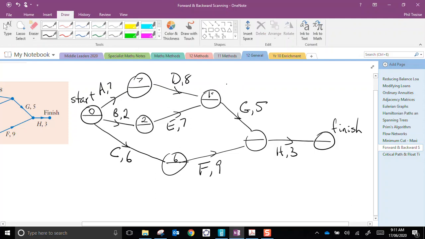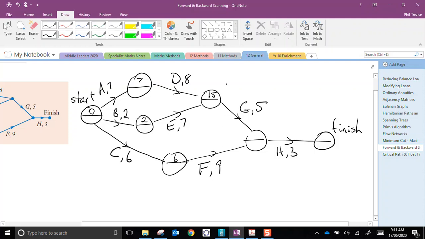Minimum. That's the earliest I could start. Now I know that B and E would have been finished in 9 minutes, but I can't start this one until D is finished, and the earliest that could happen is after 15. So when faced with a choice, when there are two edges leading towards a vertex, 2 or more, pick the largest value.